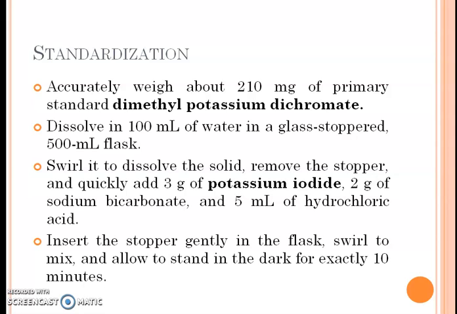It can be standardized against potassium dichromate. Here we also add 3 gram of potassium iodide, 2 gram of sodium bicarbonate and 5 ml of hydrochloric acid. We have to allow the solution to stand in the dark for exactly 10 minutes.